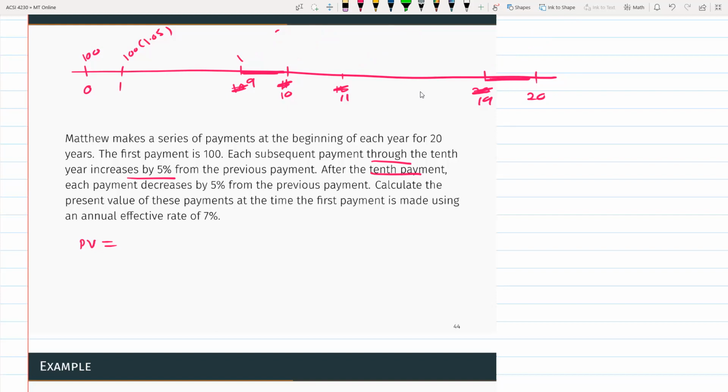Okay. So at time 9, when you get the 10th payment, it's going to be 100 times 1.05 to the 9. Then at time 10, after the 10th payment, each payment decreases by 5%. So it would be 100 times 1.05 to the 9, but now times 0.95.